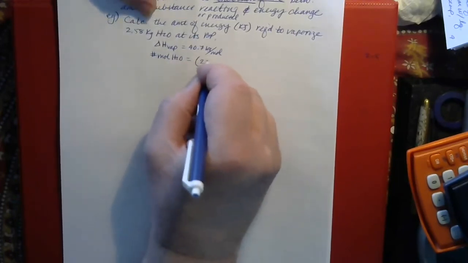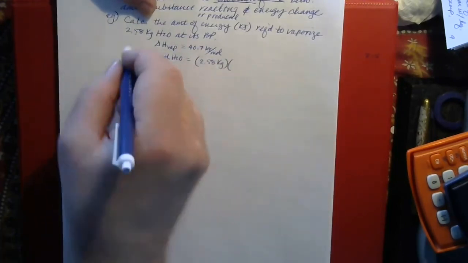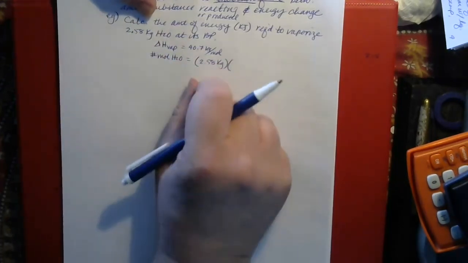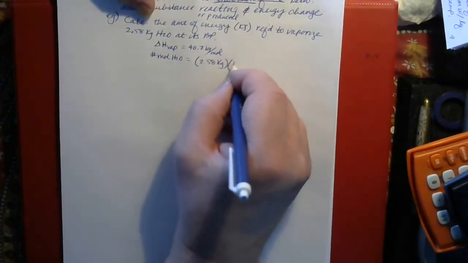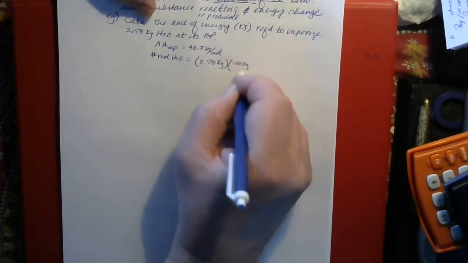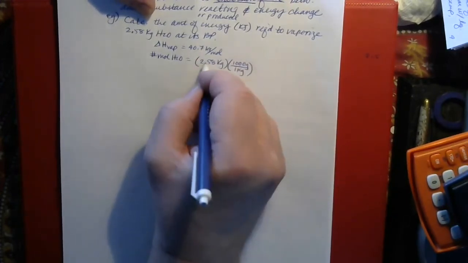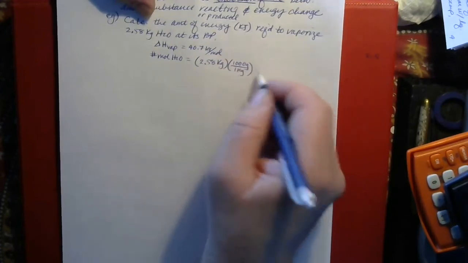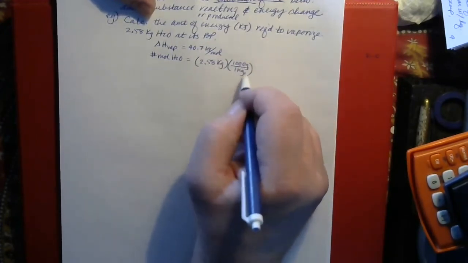And we have 2.58 kilograms of water, but the masses in the periodic table are all given in grams. So we're first going to have to change that kilograms to grams. And so 2.58 kilograms is 2,580 grams, or in other words, 2.58 times 1,000.